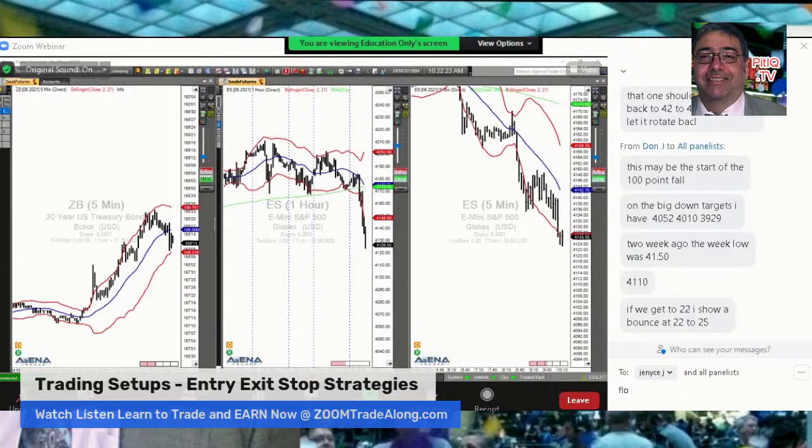All right, market is bouncing around here. We've got resistance right now around the 40 area. Anything above 46, you want to be out of any shorts.